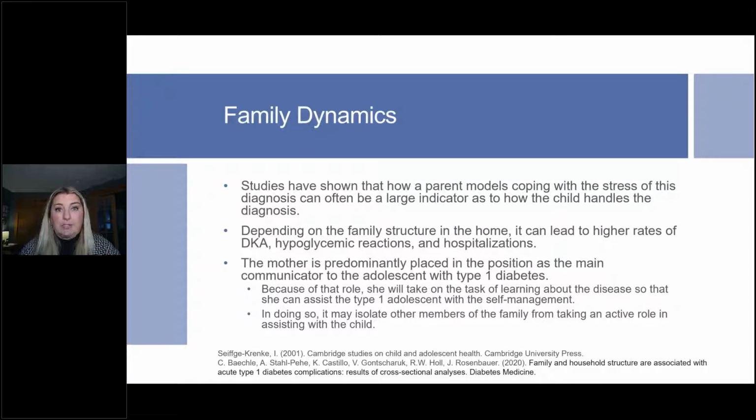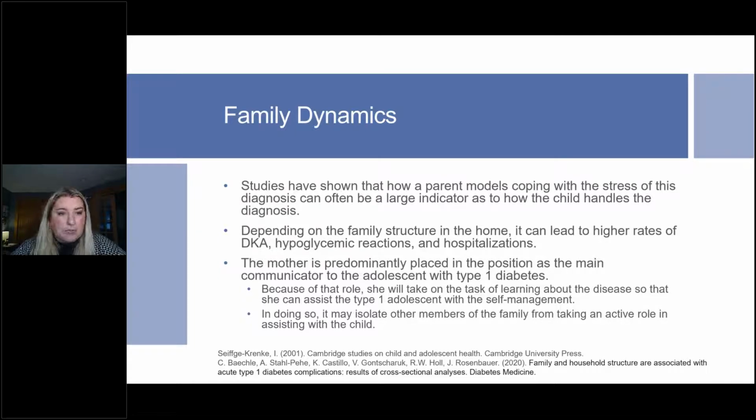So again, if a parent is super worked up, and any parent would be worked up having a child diagnosed with type 1 diabetes because it is super scary, how that parent comes off to the child is how the child is going to learn to view their own illness. So depending on the family structure in the home, who's in charge, or who is that child's coach, who's helping them along with this, you can see higher rates of DKA and hospitalizations.